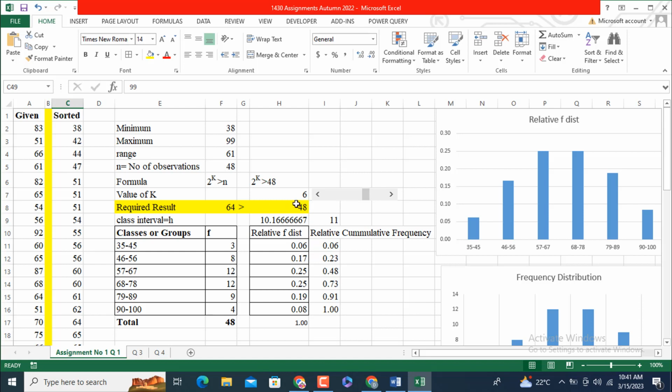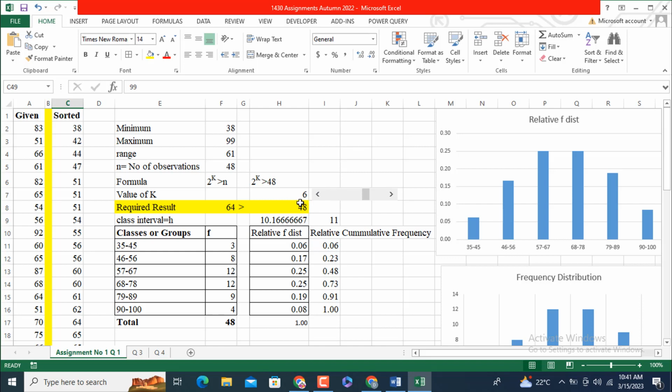And when the value of k is equal to 6, we will get the result 64, which is greater than 48. We will stop here. The number of groups or classes that we get by this formula is equal to 6.